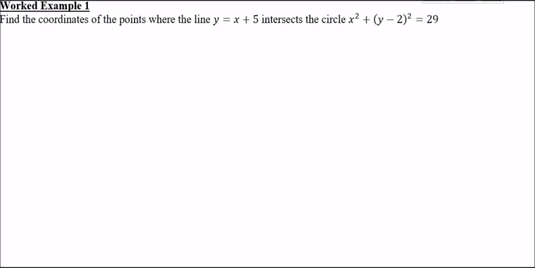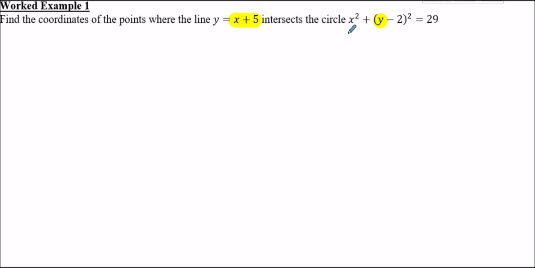So first of all, example 1. We're told the coordinates of the points where the line y equals x plus 5 intersects the circle x squared plus (y minus 2) squared equals 29 need to be found. So like I mentioned in that last section, what we can do here is substitute in for y into this formula for the circle.